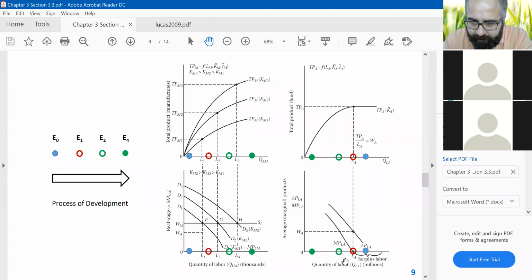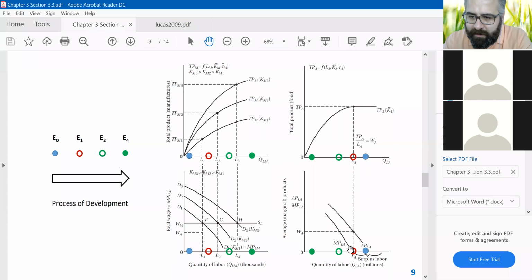So what happens then after the red circle? Capital accumulation continues. When capital accumulation continues, now people will realize, okay, I have positive marginal productivity in agriculture, but wage is lower. Wage could be still lower than the manufacturing wage.